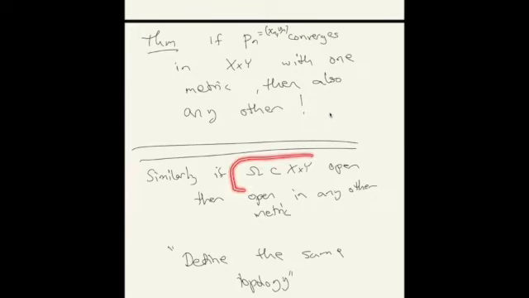It also doesn't matter which metric you use to define open sets. This is like in your homework 1: if you have comparable metrics, they define the same open sets. This is essentially the proof. If you have an open set in one metric, then it's open simultaneously in any other metric. So every notion that we've defined so far, open, closed, compact, convergent sequences, is identical, independent of the metric.